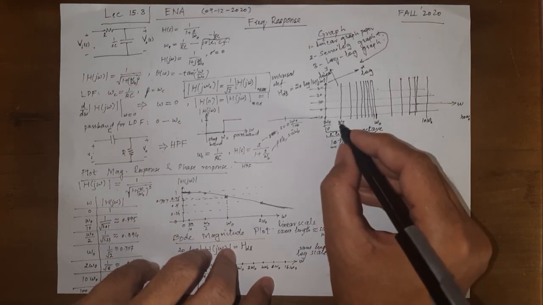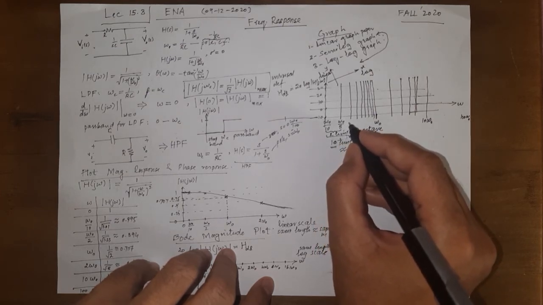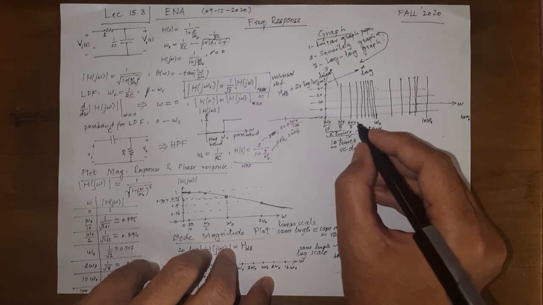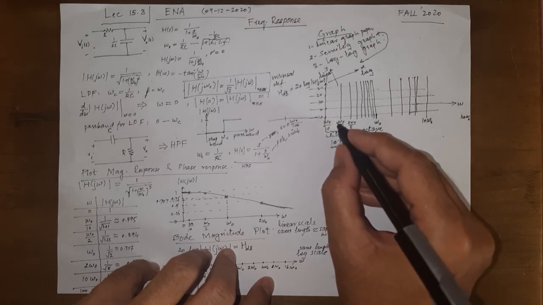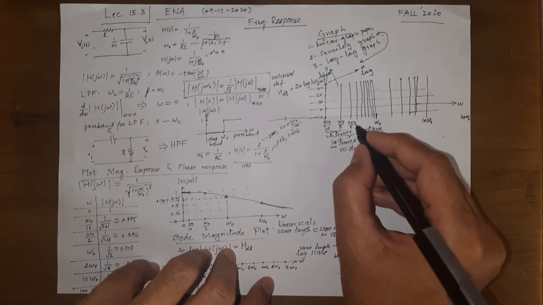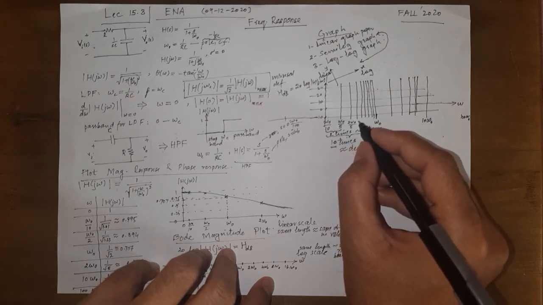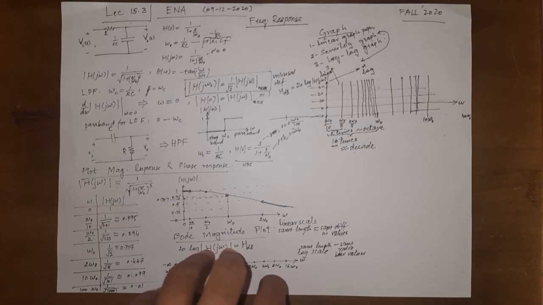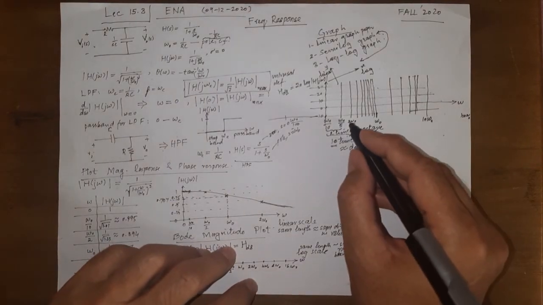So if this is omega naught by 5, this would again be 2 times omega naught by 5, or we can say this would be 2 by 10, this would be 4 by 10, oh no, sorry, I have committed a mistake.